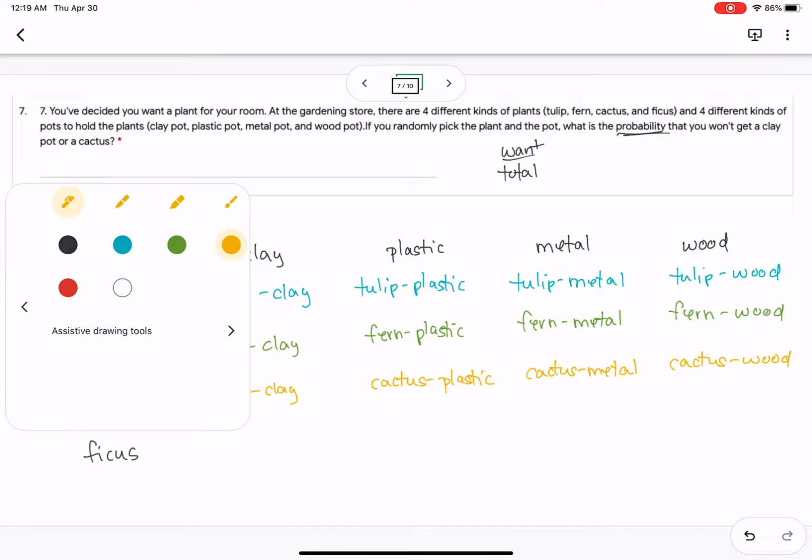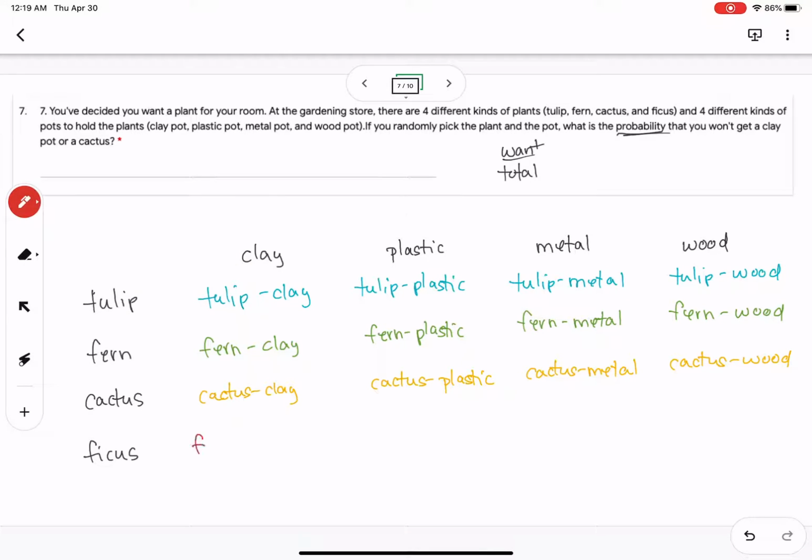And lastly, let's look at the ficus. You could have a ficus in a clay, ficus in a plastic, ficus in a metal, or a ficus in a wood. And that's all of our different options here.